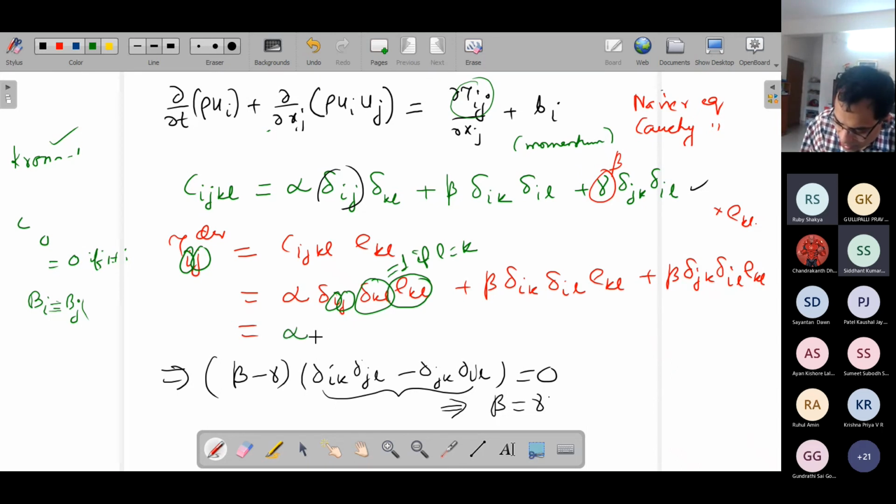So alpha into EKK into delta IJ plus beta.